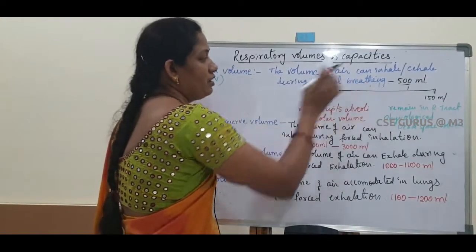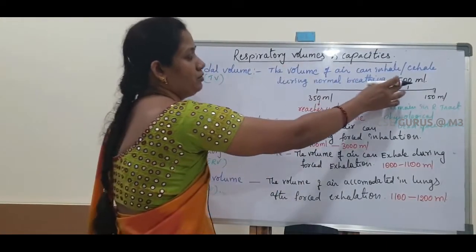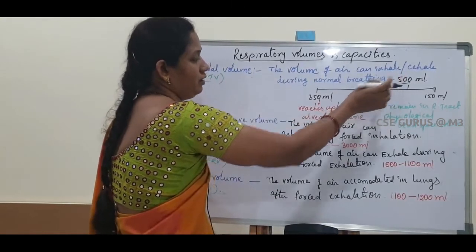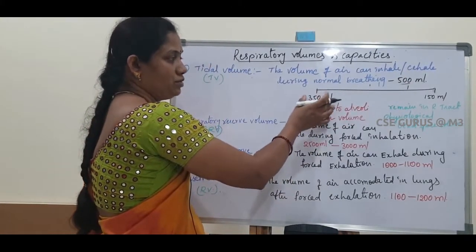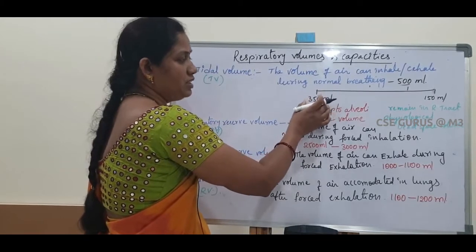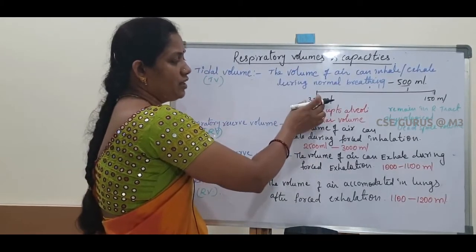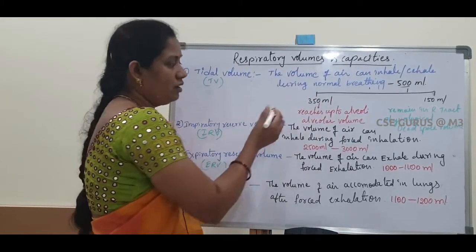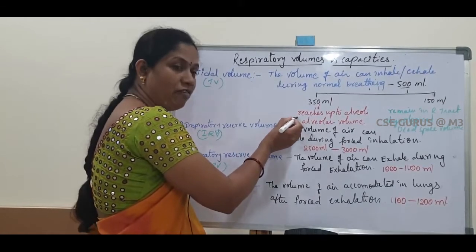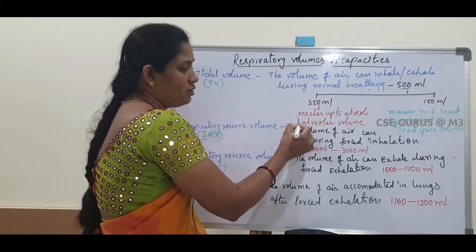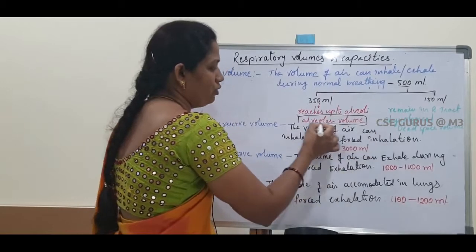This 500 ml of air divides into two parts. Of this 500 ml, 350 ml of air reaches the alveoli. This amount is called alveolar volume.